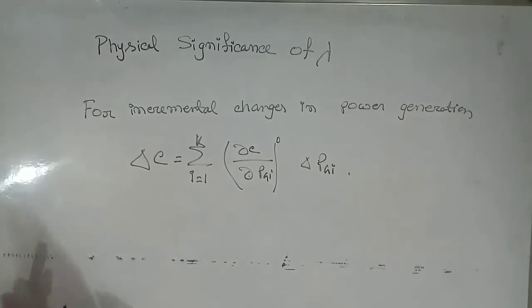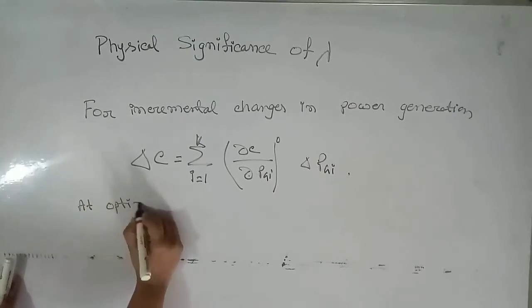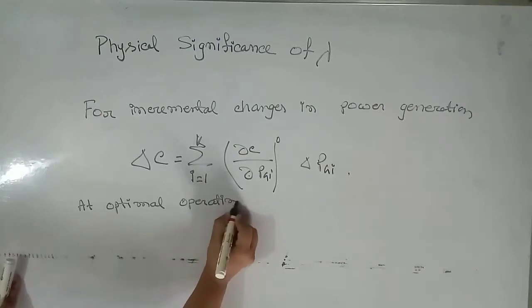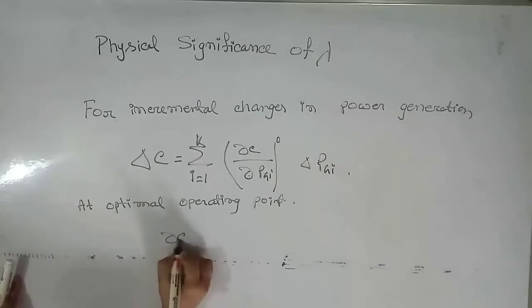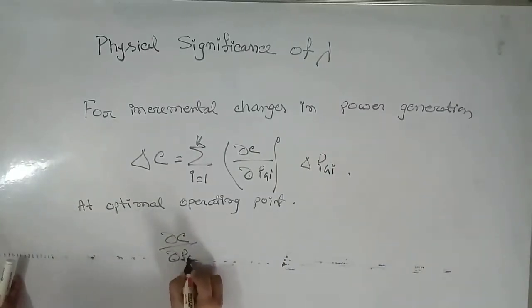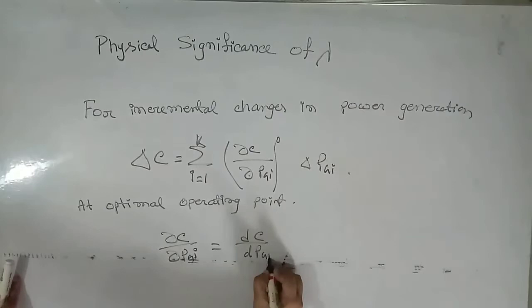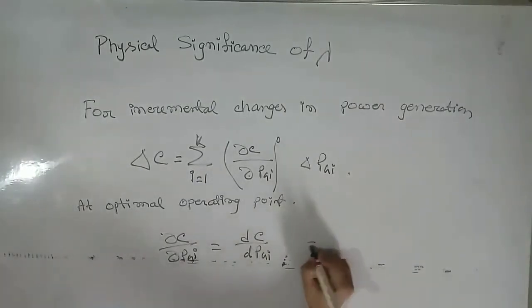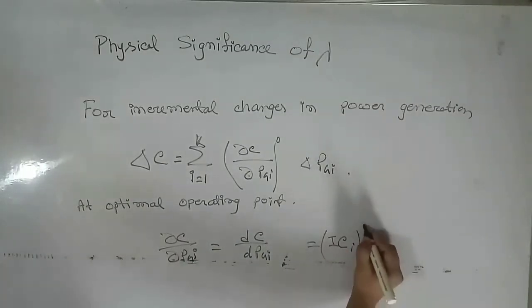Now at the optimal operating point, delta C by delta PGi, the derivative of C with respect to PGi, is equal to the incremental cost, the initial value of the incremental cost, which equals lambda.